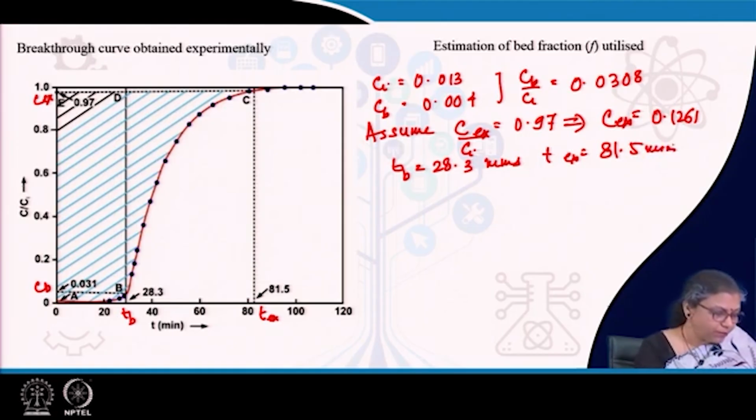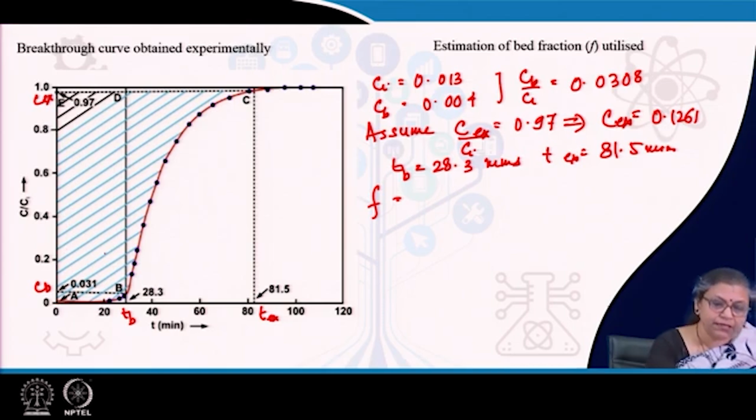So, naturally, from there we are in a position to find out F. F is what? Just like I had told you, this particular area divided by the total area.